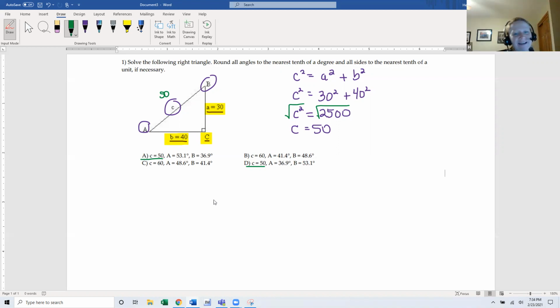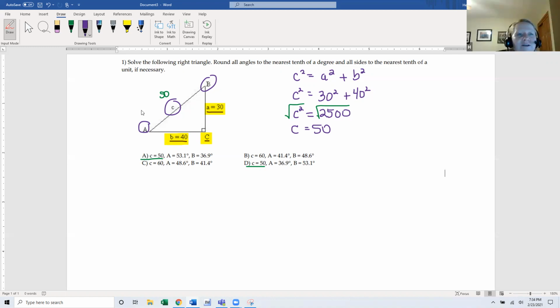I'm trying to decide if we should do one other thing and come back to this last part. You guys can handle it. You can handle it, right? Yep. All right, let's do it. Okay, so now we want to find either angle A or angle B. It doesn't really matter which one we start with. So you guys pick. You want to do A or B? A. All right, we're going to do A.